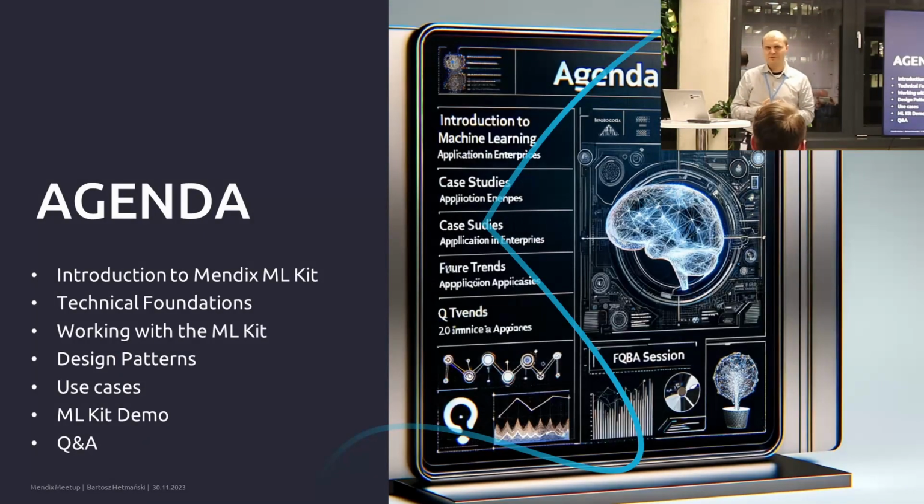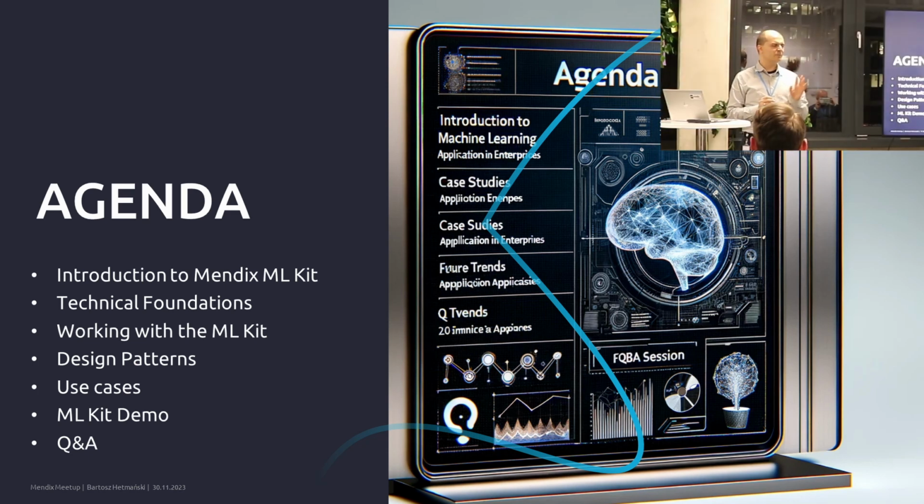So today I'll introduce you to the Mendix MLKit. I will tell you just a bit about the technical foundation. I will show you how to work with the MLKit. I will mention the design patterns that you might use when you create your ML integrations.